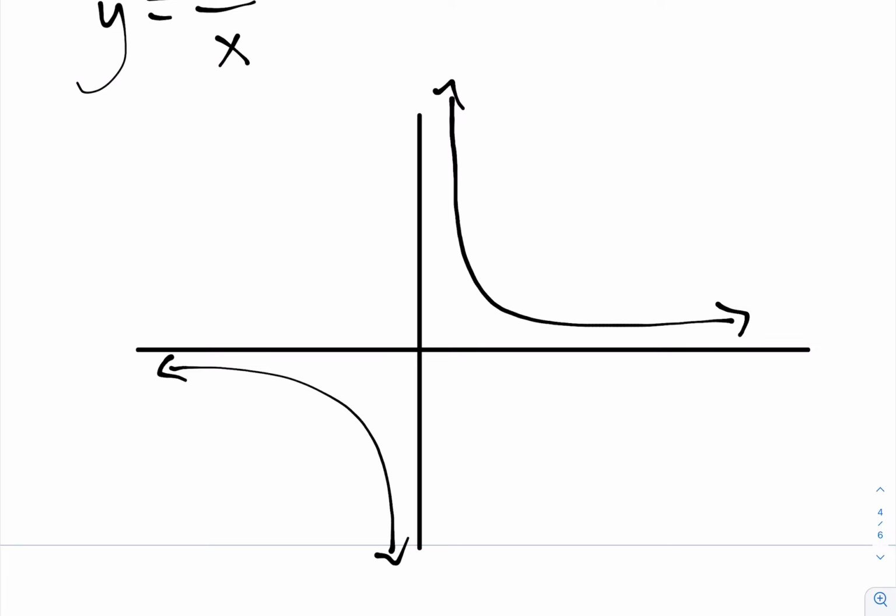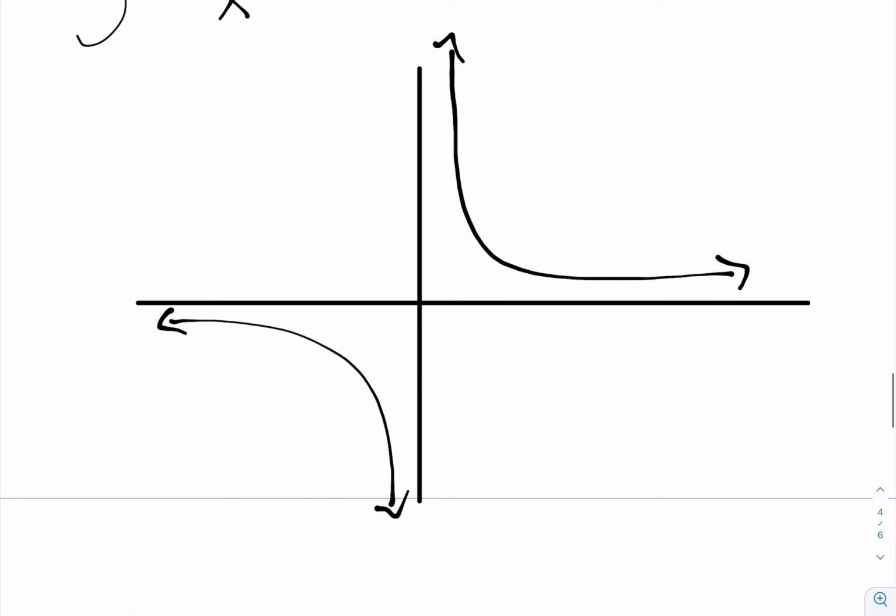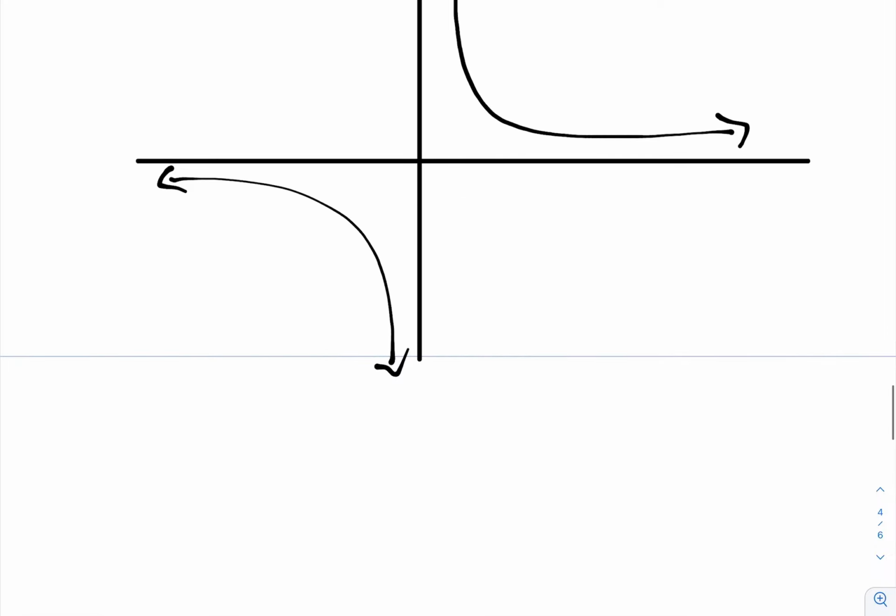It goes in all directions. When x equals 0, it goes up to infinity coming from the right, from the positive x, and it goes down to negative infinity coming from the negative x, from the left. So this is called an infinite discontinuity, which just means it goes up to infinity and down to infinity at the same x value. And there's one more I'm going to go over quickly.